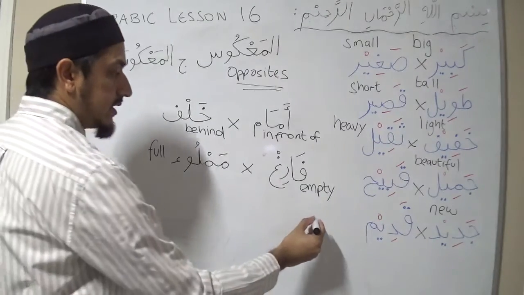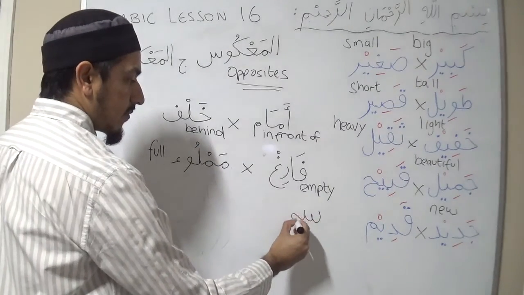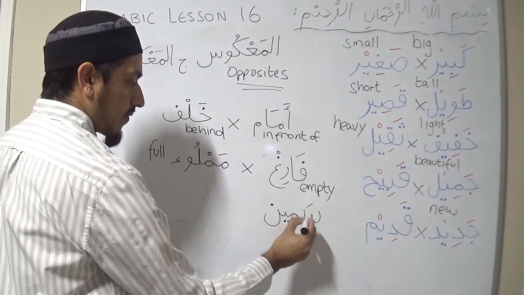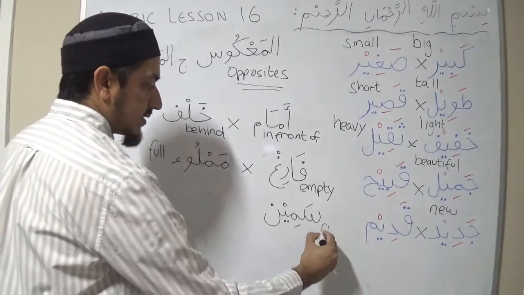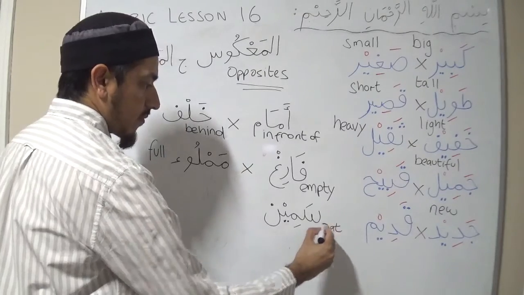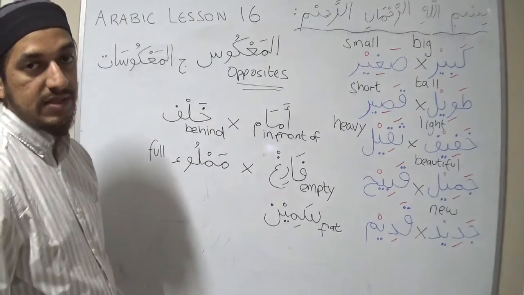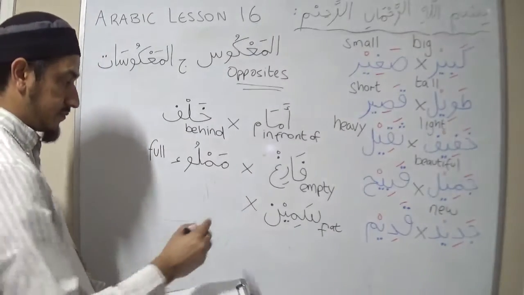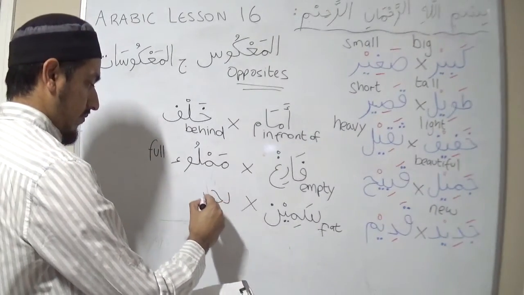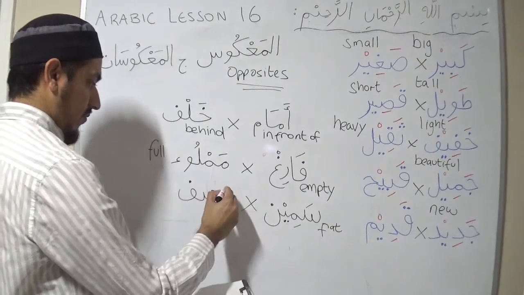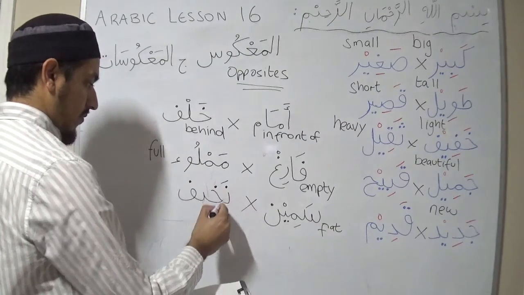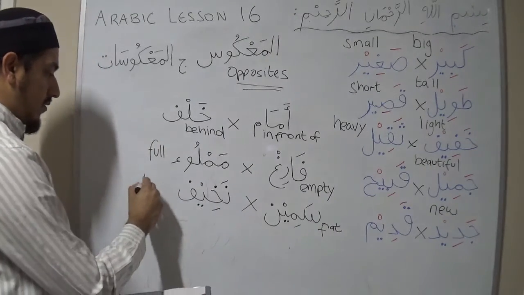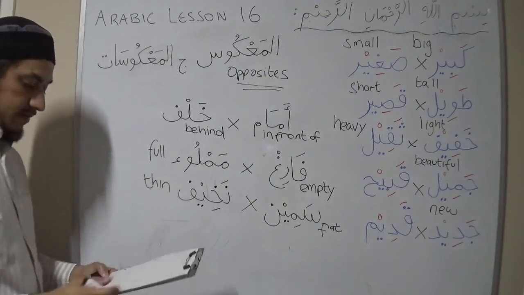We have samin, fat, and the opposite of fat is thin, nakhif. Thin.